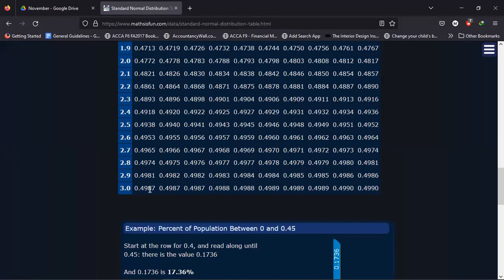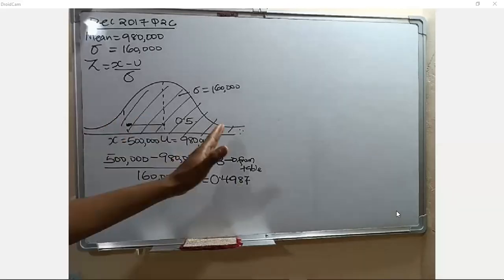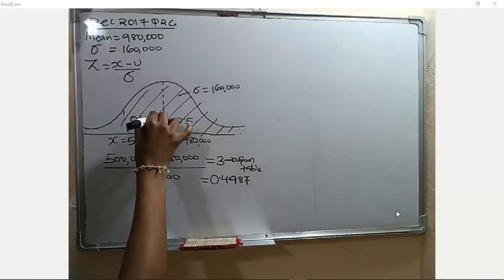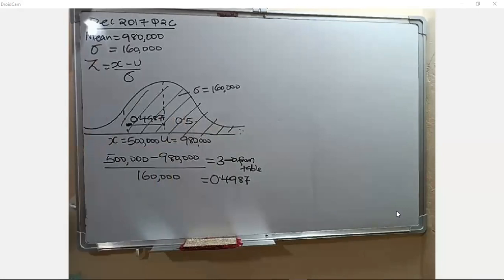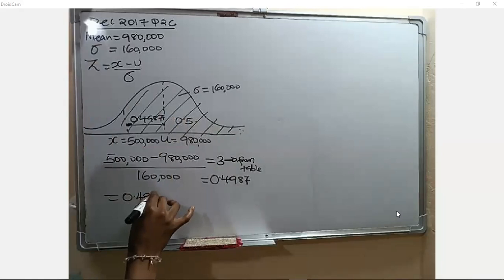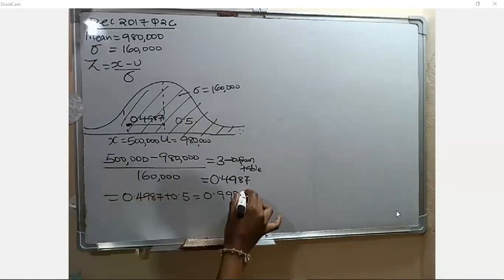Now, let me go back to my board because I know you now know how to check that. So 0.4987. But the examiner is asking for greater than, so it means the 0.4987 falls here. In this scenario, we take 0.4987 plus 0.5, and you are going to get 0.9987.